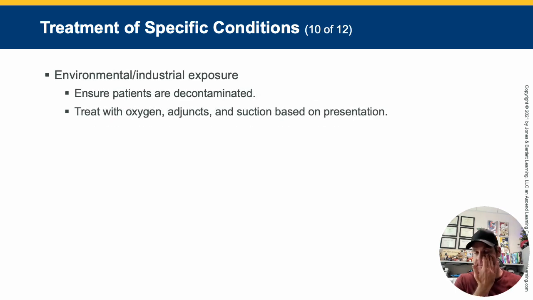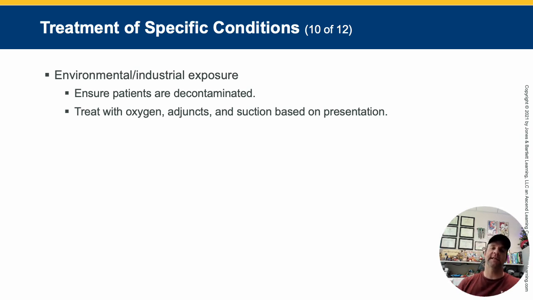Now, when responding to calls involving environmental or industrial exposures, your first responsibility is always to ensure safety. Do not enter any hazardous environment unless it's been cleared by hazmat. Inhalation injuries from substances like ammonia, chlorine gas, pesticides, and cleaning chemicals can cause airway irritation, bronchospasm, pulmonary edema, or even systemic toxicity.